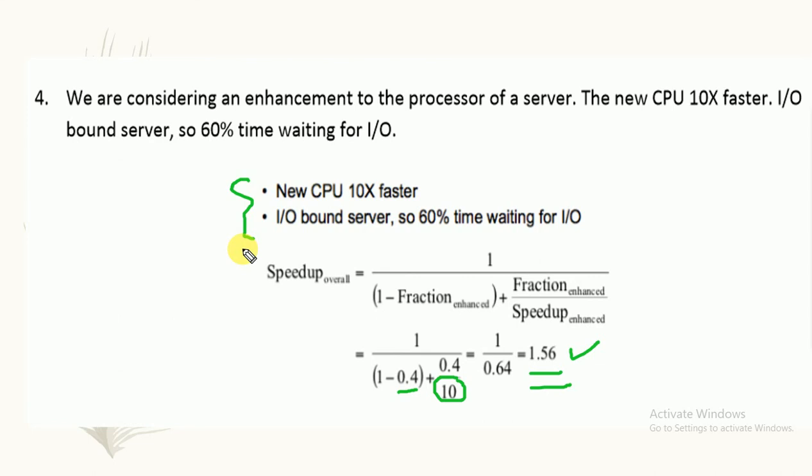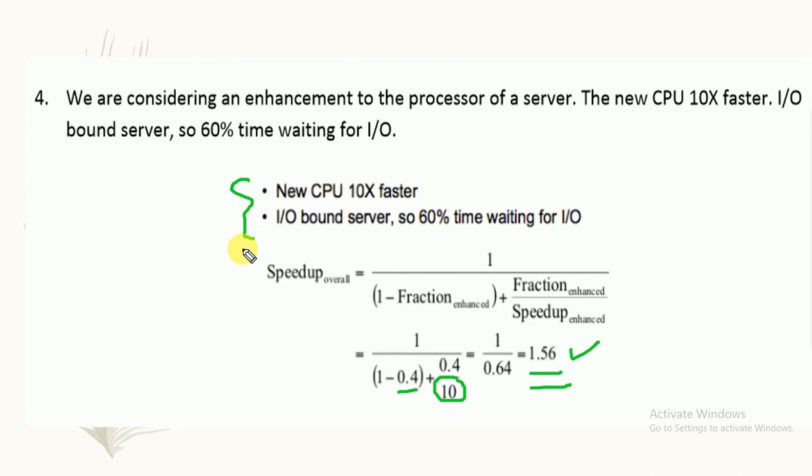All these programs follow the same approach. From the start itself, we are focusing on the common case, a particular area where we need some enhancement. For that enhanced area, we find the fraction enhanced, then the speedup gain for that area.